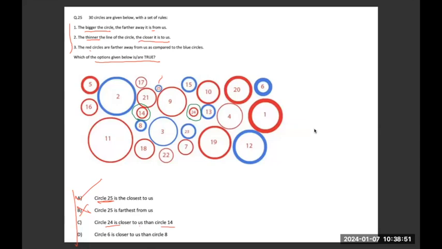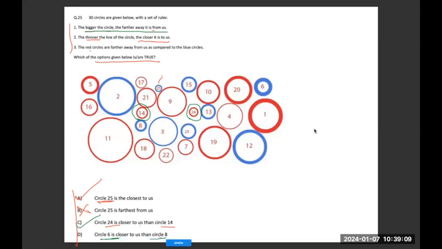The thickness is the same and they are both the same color, so only the size comparison needs to be done. Because 24 is smaller and bigger circles are farther away, C is correct. 24 is closer to you.